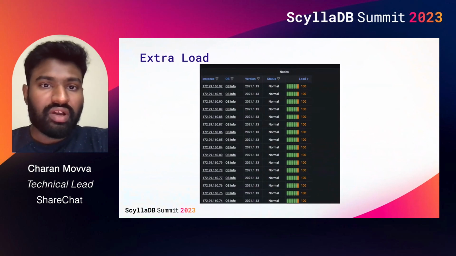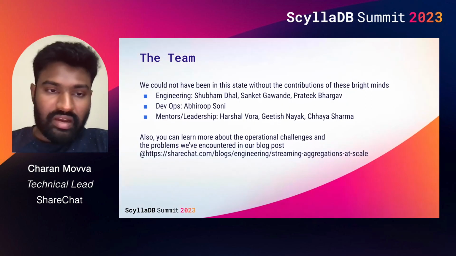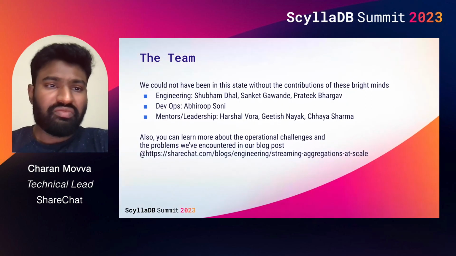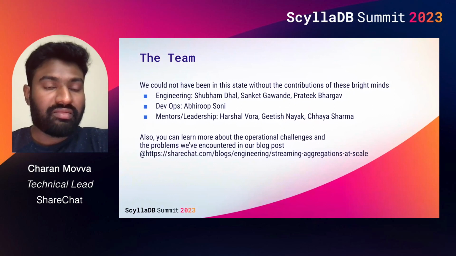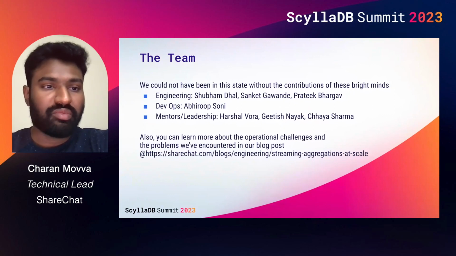That is how ScyllaDB has helped us a great deal in optimizing what we had earlier, in order to serve better to our end users, right? And we work as a team, and this could not have been possible without the contributions from these bright minds from engineering, DevOps, and the leadership, right?